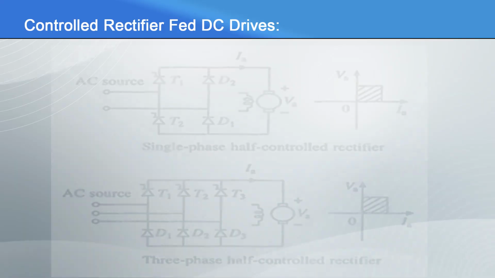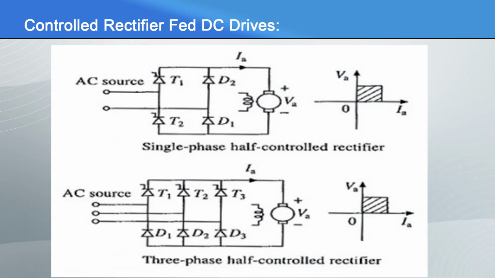A full wave drive can be supplied from a fully controlled or half controlled converter. A dual converter can be obtained by a connection of 2-quadrant converters.